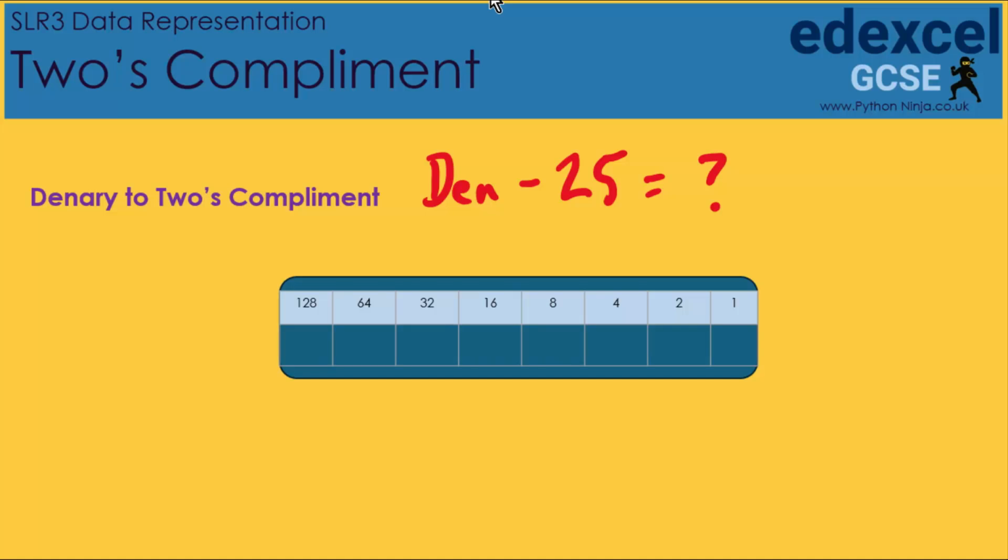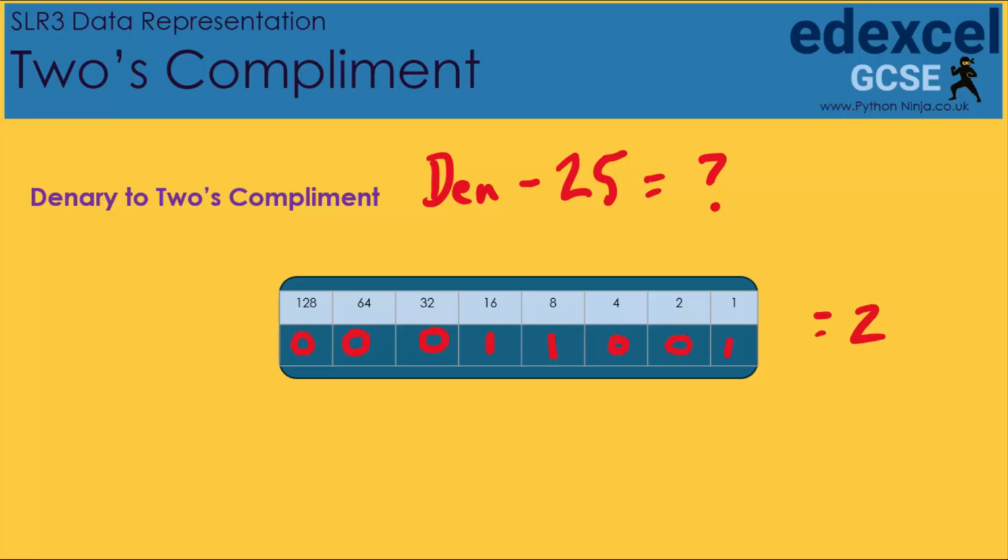Okay, let's see if I can do it. Anything's possible. So let's work out what 25 is as a positive binary number. So 16, oh, made a mistake already. So 16 plus 4 would be 20, that would be 23, so this gives us 16 plus 8 is 24, that gives us 25.